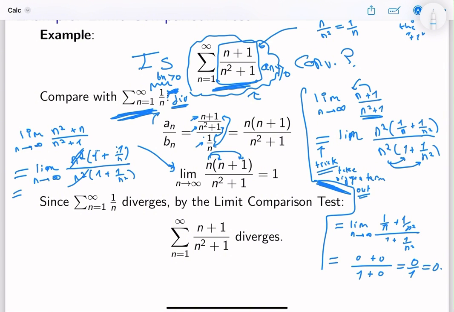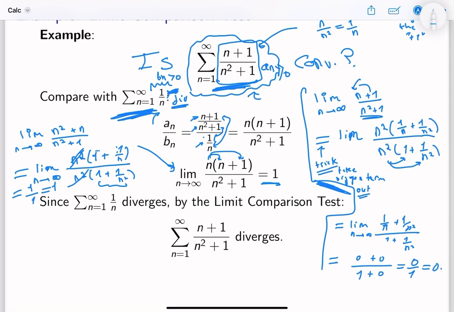The limit of 1 over n is 0, so we have 1 plus 0. And below, the limit of 1 over n squared is 0, and thus we're left with 1 too. So this is 1 over 1, which is equal to 1, just as we claimed.